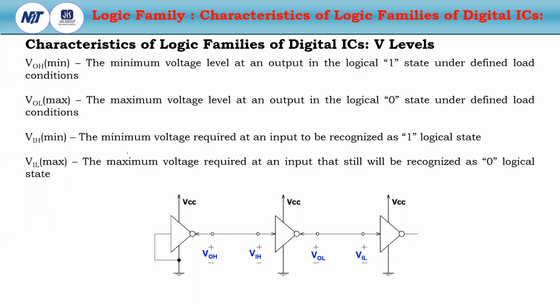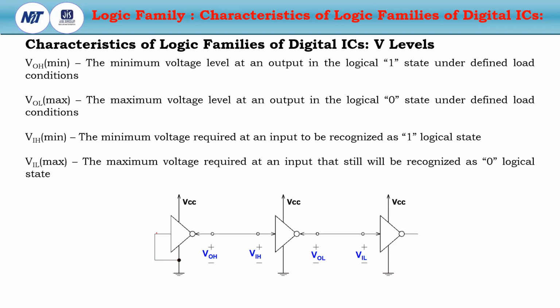VIH means the minimum voltage required at an input to be recognized as the 1 logic state, and VIL max is the maximum voltage at an input that will still be recognized as the 0 logic state. It is very simple.